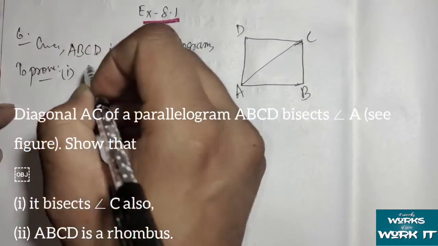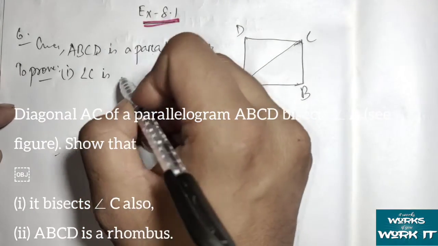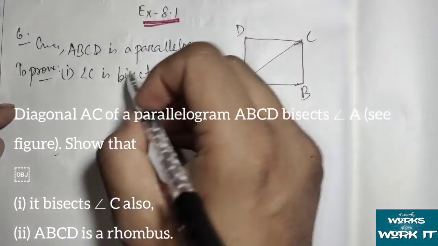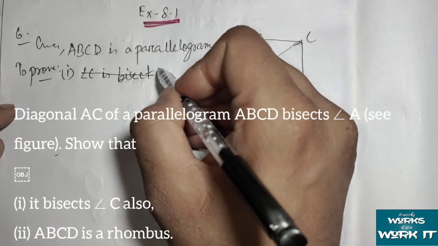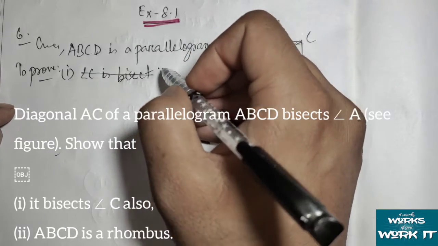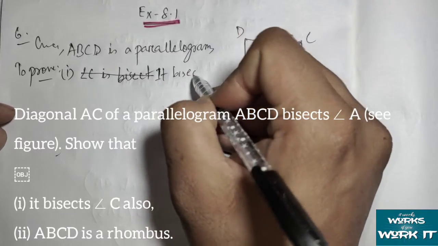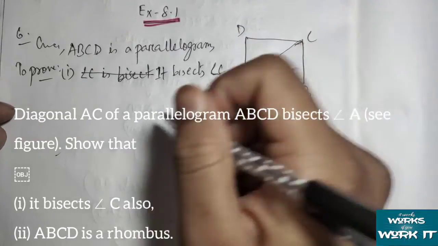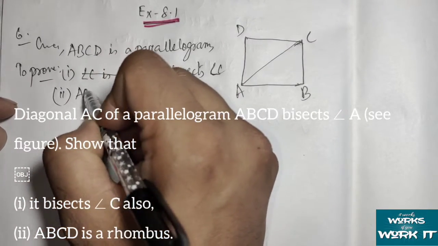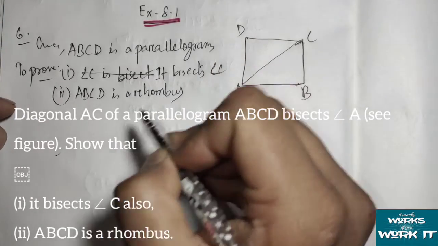Here, what needs to be proved? Two things we need to prove: that AC also bisects angle C, or we can write what is given in the question, it bisects angle C. Next, number 2, ABCD, we need to prove ABCD is a rhombus.